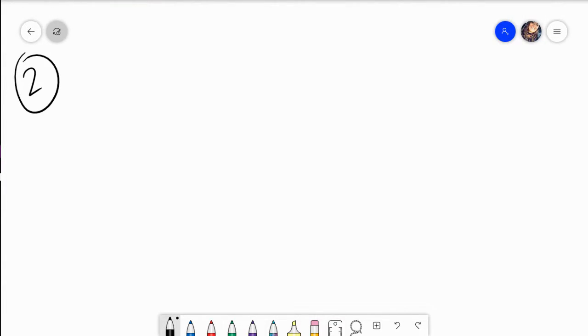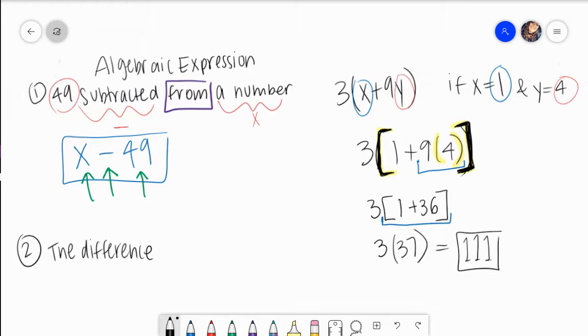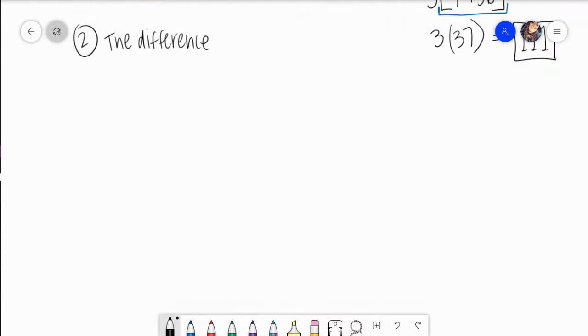Say we see something that says the difference between 4 times a number and 3.